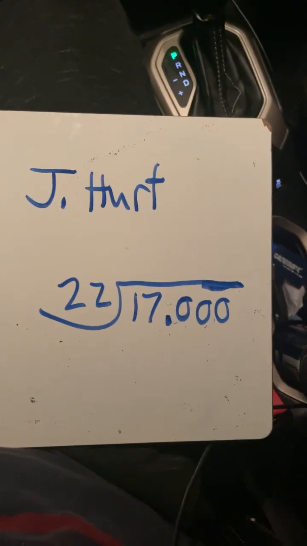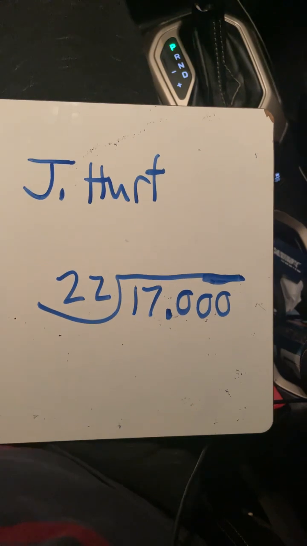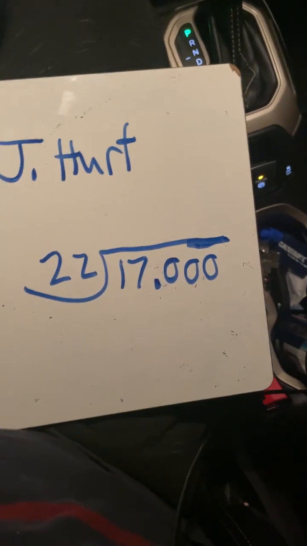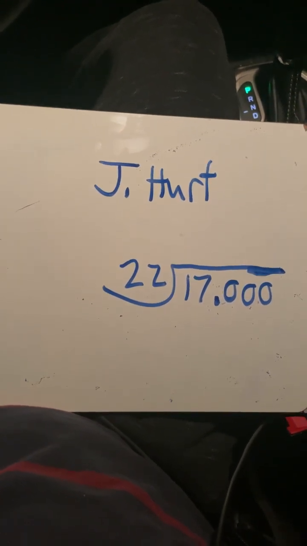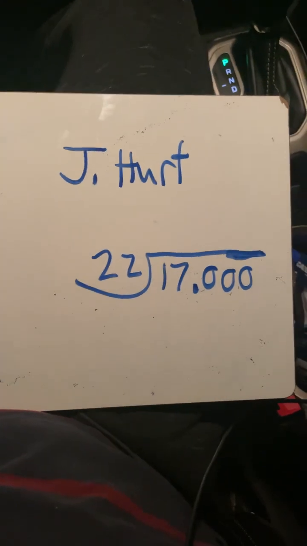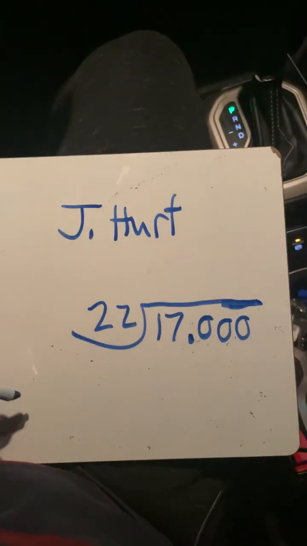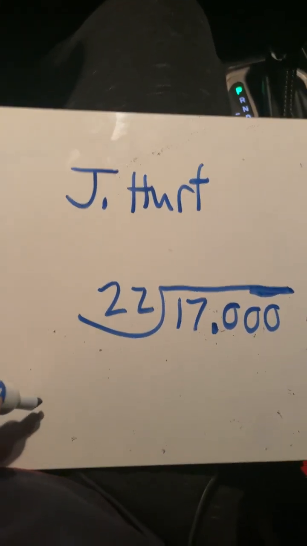So what I got to do is count by 22s and see how many groups of 22 I can get in the number 170. Basically, if you're not able to skip count by 22, what you got to do is continually add 22. Thankfully, I'm able to skip count by 2, so 22 is a little easier.